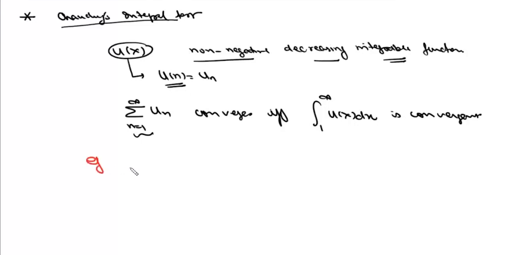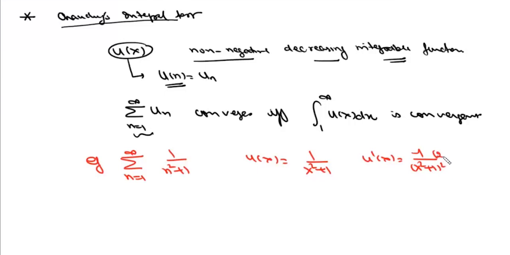Now say for example, we have to discuss the convergence of the series summation n varies from 1 to infinity, 1 upon n square plus 1. We have already discussed this convergence using the comparison test, and we know that this series converges. Now here we'll consider this function u(x) which is 1 upon x square plus 1, and if we find u dash x, it will be minus 1 upon (x square plus 1) whole square into 2x, and will be less than 0 when x is greater than or equal to 1.